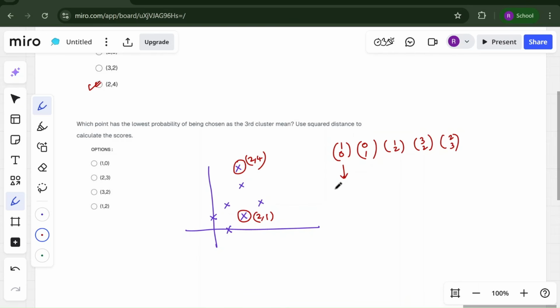With 2, 1 it will be 1 and 17, right? No, wait. It will be 2, right?